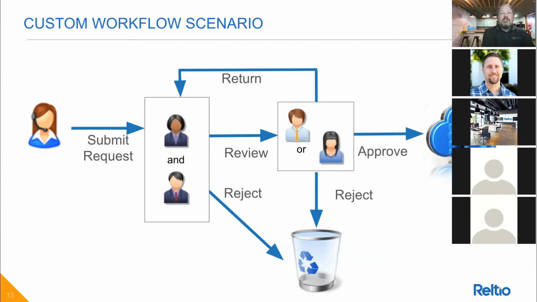In that process, it's all going to be based upon your business requirements, whether you have the need to have parallel and sequential, whether you're doing role-based routing to any of a group of individuals that contain a specific role, or whether it's a specific individual that you want to assign it to. This is all just a matter of you understanding your business requirements, documenting it, and defining it within the Reltio interface.